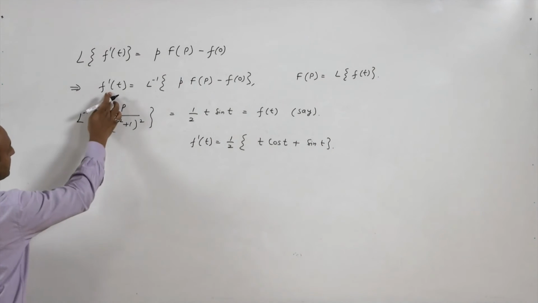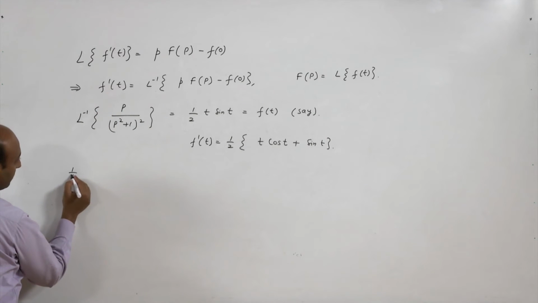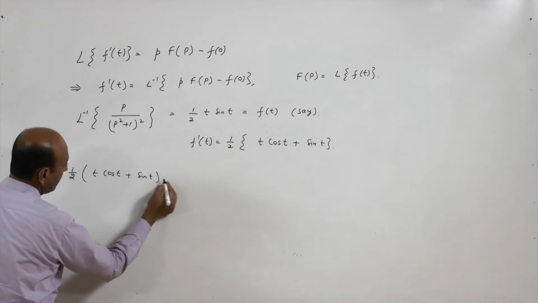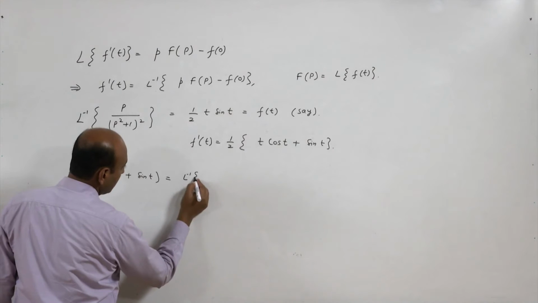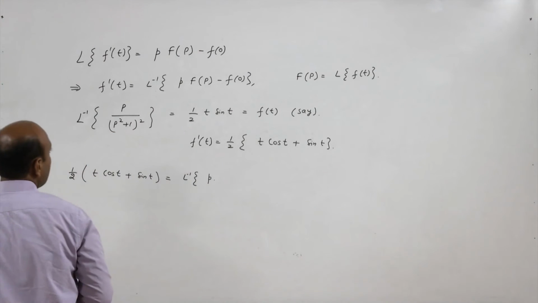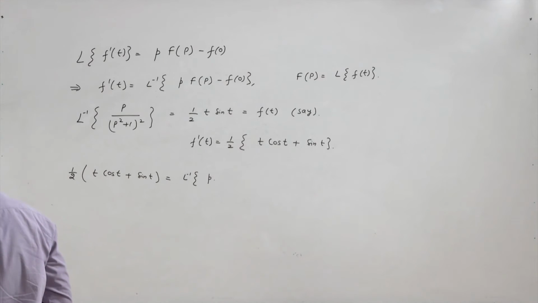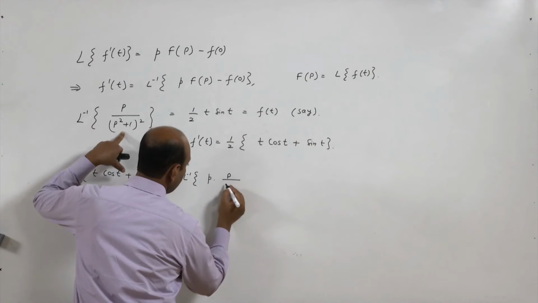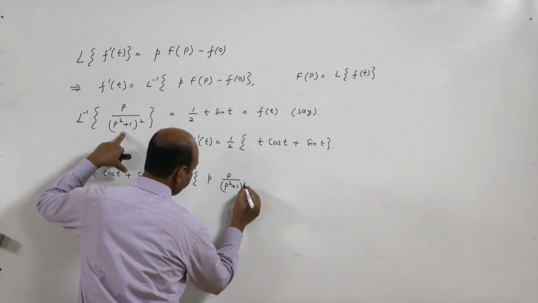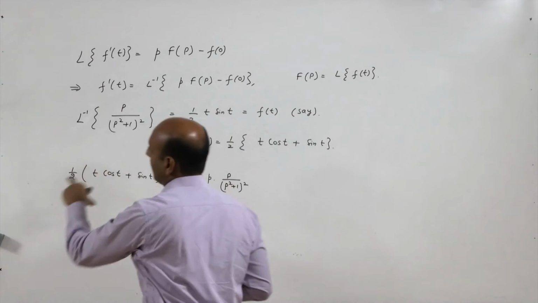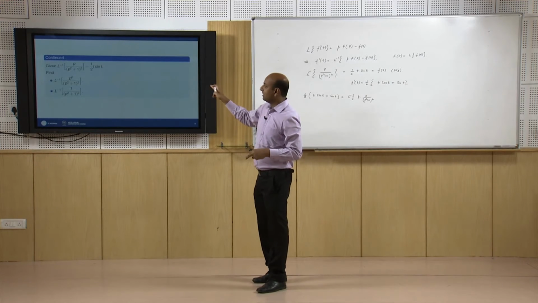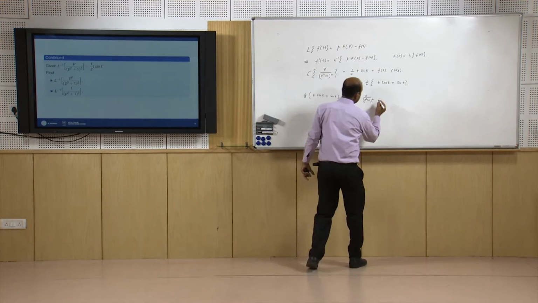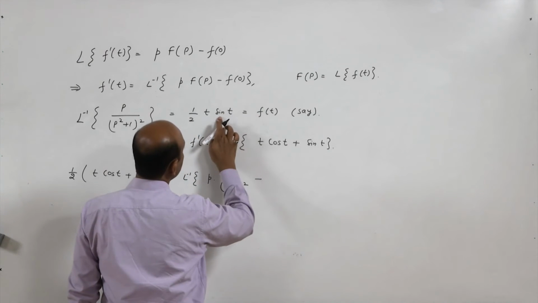So if we use this expression, f dash t, 1 by 2 (t cos t plus sin t), will be equal to Laplace inverse of p into F(p). F(p) is Laplace transform of f(t), and that is nothing but p upon (p square plus 1) whole square, and minus f(0). f(0) from here is nothing but 0.